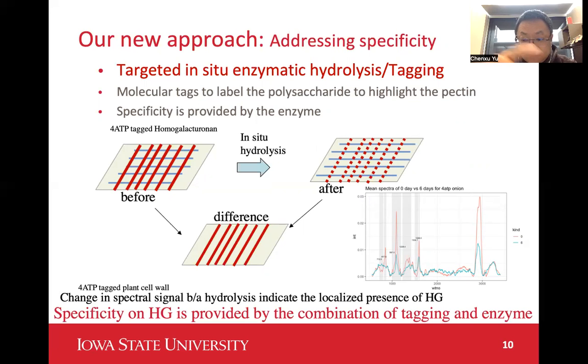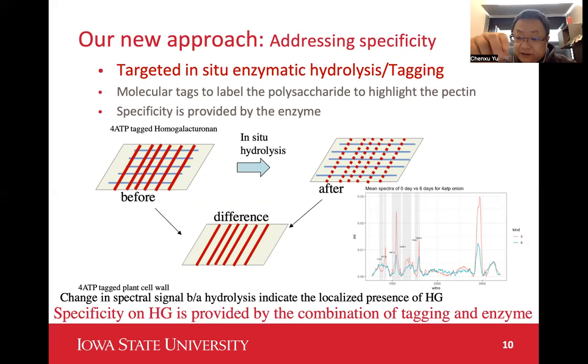So this will give us the signal that we need to locate where the pectins are at, and from which we can generate a chemical image of the pectin distribution inside the plant cell wall. So that's the idea. And the specificity towards the pectin species is offered by the enzyme that we use.